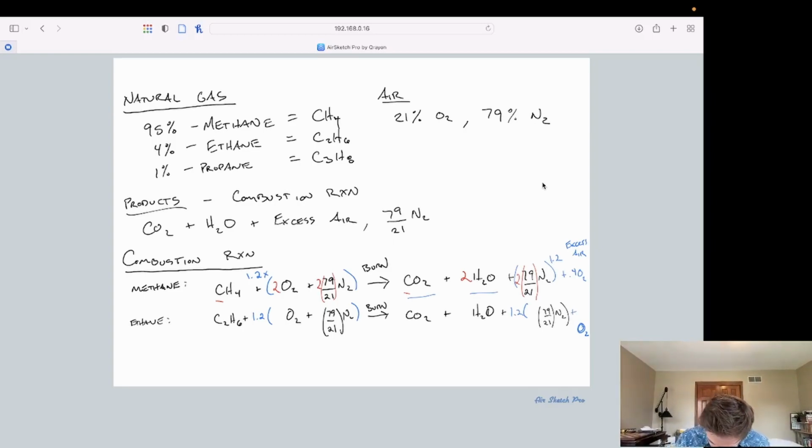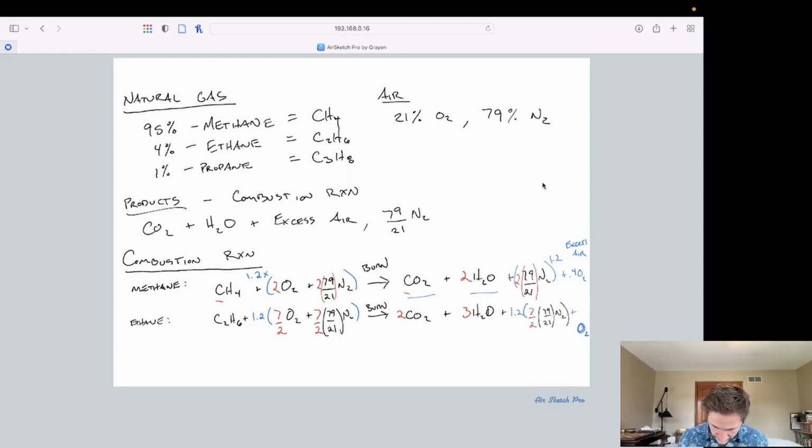So we've got 2 carbons on this side, requiring 2 carbons on this side. We've got 6 hydrogens requiring 3 waters here. When we add up our oxygens, that leaves us with 7/2 oxygen, as well as 7.5 moles of nitrogen at that ratio.